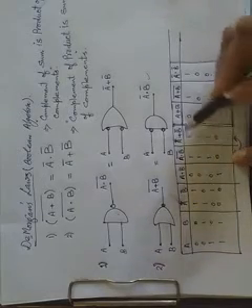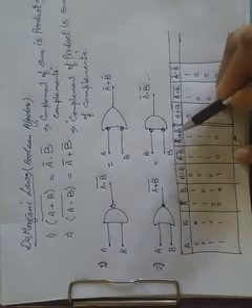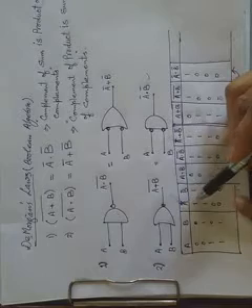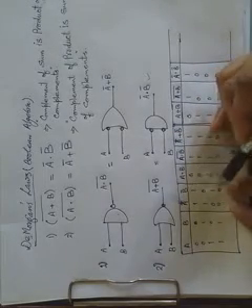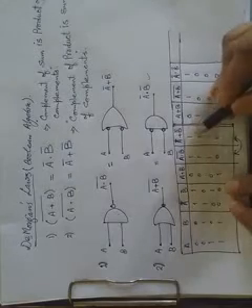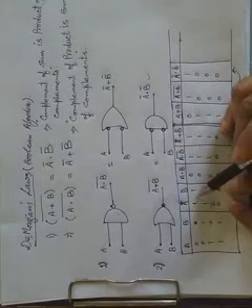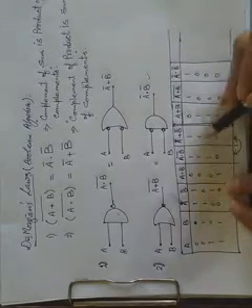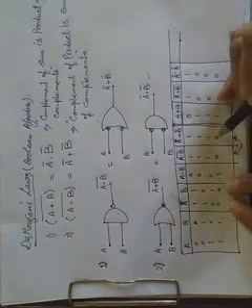Now another column is generated, which is the sum of the complements of A and B. The complement of A is in this column, the complement of B is in this column, so we add up these columns and this column is generated. What will be the sum? 1 OR 1 is 1, 1 OR 0 is 1, 0 OR 1 is 1, and 0 OR 0 is 0.